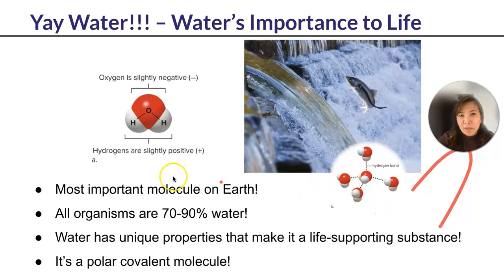The water molecule itself is a polar covalent bond. So that means that the bonding here between this oxygen and this hydrogen atom and this hydrogen atom are polar covalent. So they're covalent bonds, which means they're actually sharing the electrons with each other, but they're polar because oxygen is slightly negative while hydrogen is slightly positive. And so because oxygen is slightly negative, all of these other hydrogens want to be near this oxygen, and vice versa.